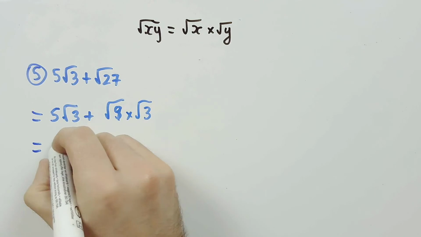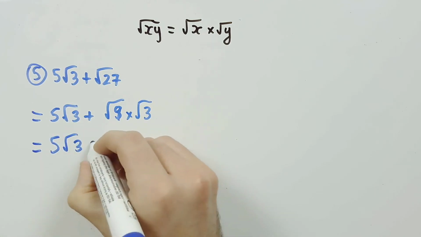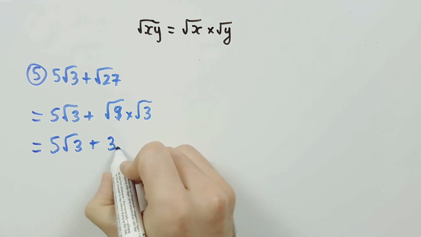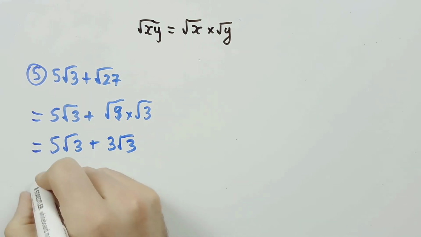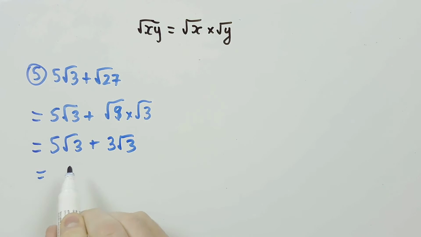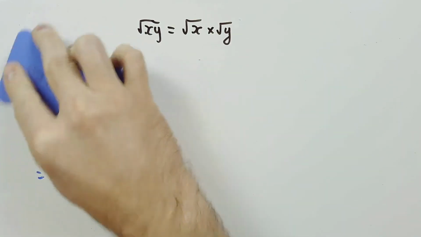And having a look at this further, we can reduce root 9 to 3, so 3 root 3. And we're left with 5 root 3 plus 3 root 3, which of course, like in our last example, we can combine to 8 root 3. So that's our 5th example, that's the solution.